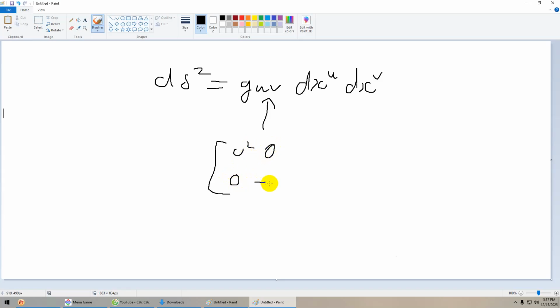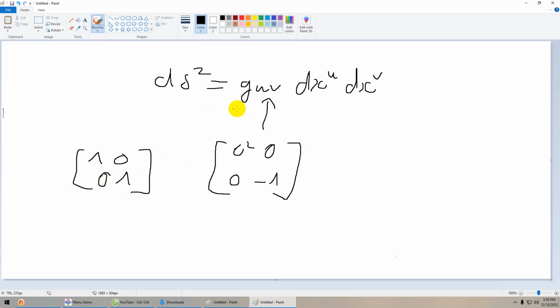But if we move to general relativity, we know that space-time can curve and the expression can look very different. So this is where the Pythagorean theorem doesn't work, because for the Pythagorean theorem we have this, which is 1, 0, 0, and 1.